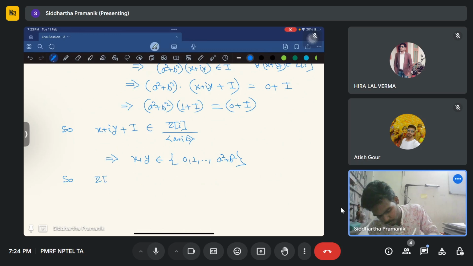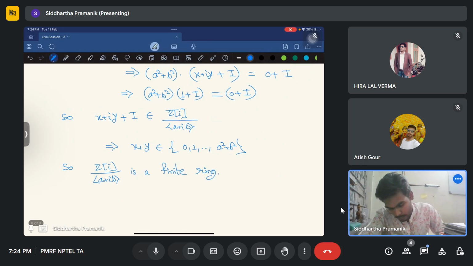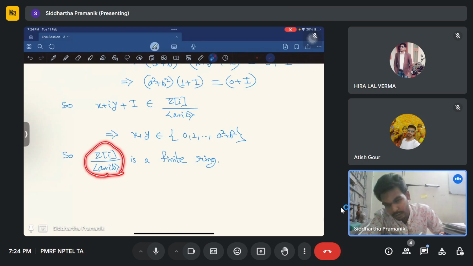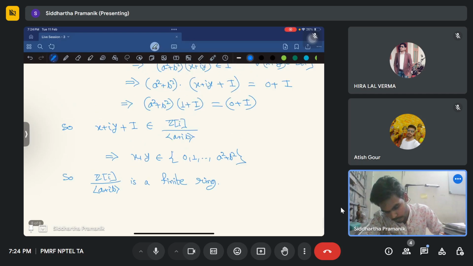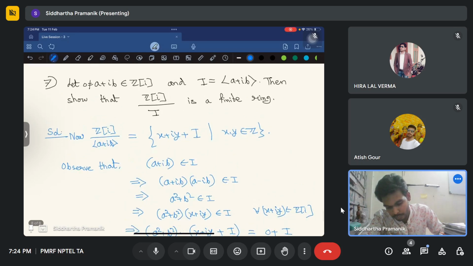So this quotient is a finite ring. Whatever non-zero element you take, if you take the quotient ring, it will always be a finite ring. So I hope this is okay for you.